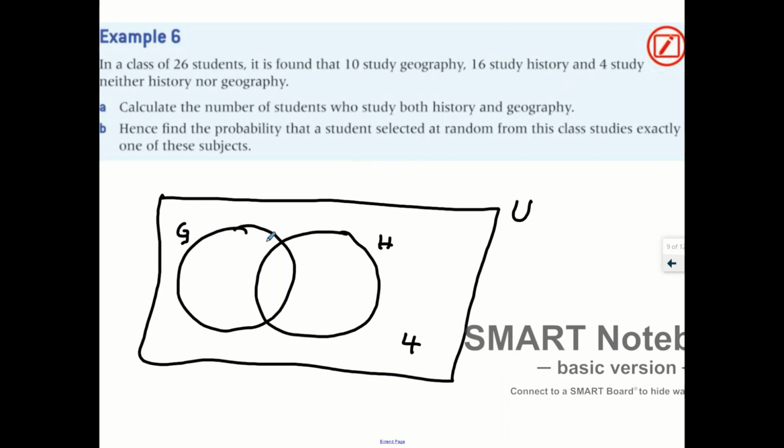Now we know that the total of this circle is going to be 10, and the total of this circle is going to be 16. But if we add this together, we're going to get 30, but we're only supposed to have 26 students. So we need to find out how many study both history and geography. And we've been given that clue because it's part A.